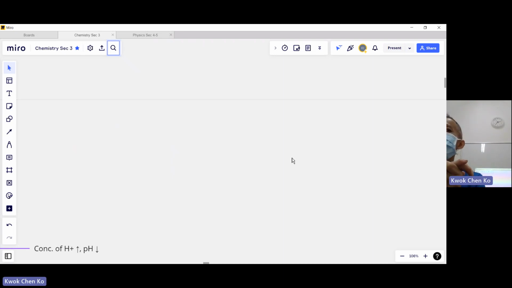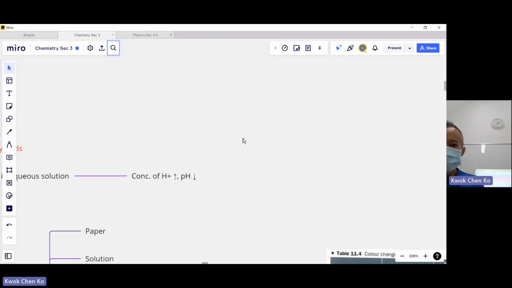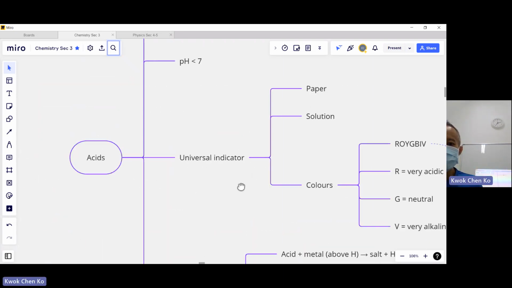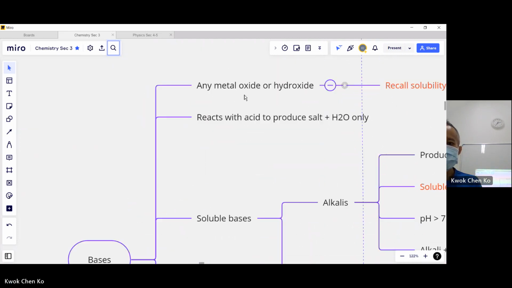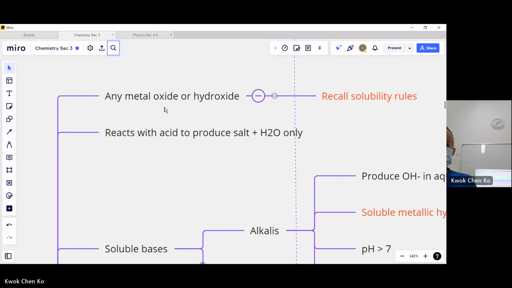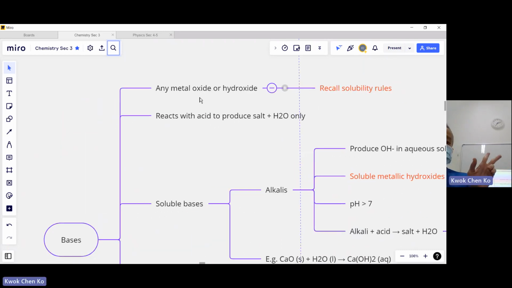Okay, partly true, but just keep in mind, by definition, a base is a metal oxide or hydroxide. Okay, so by definition, yes, if it dissolves in water and you get a pH above 7. If it dissolves in water, that's the important part.